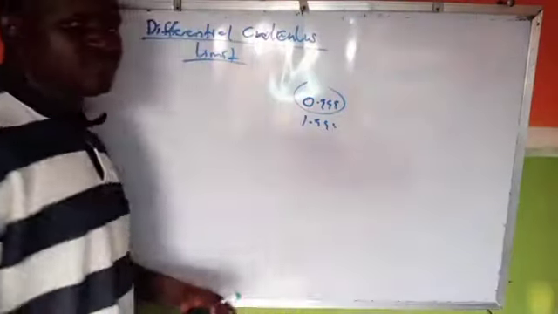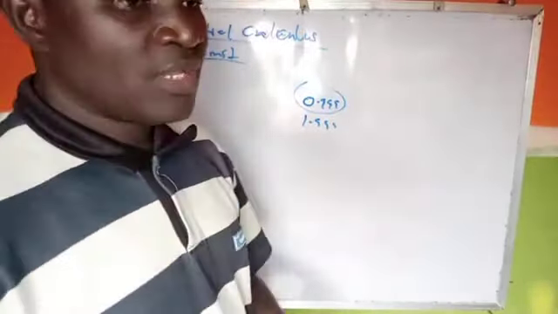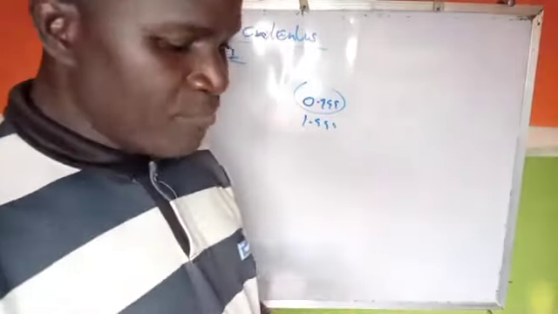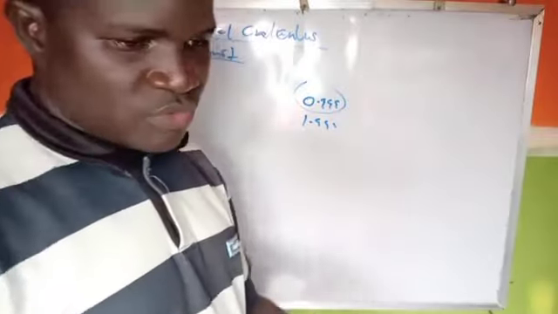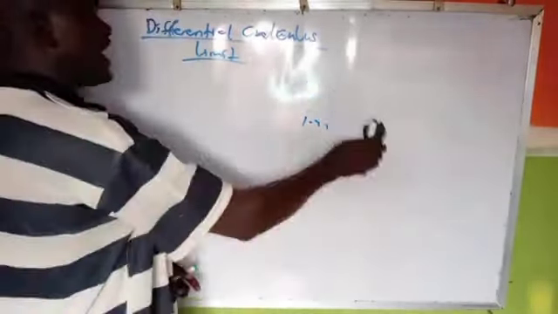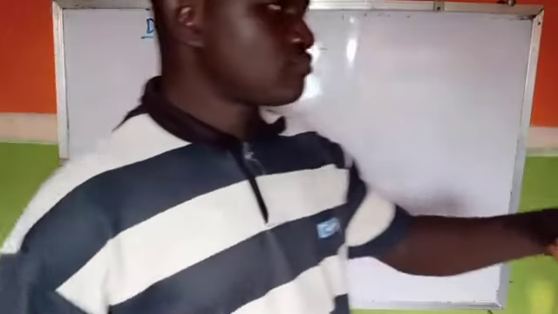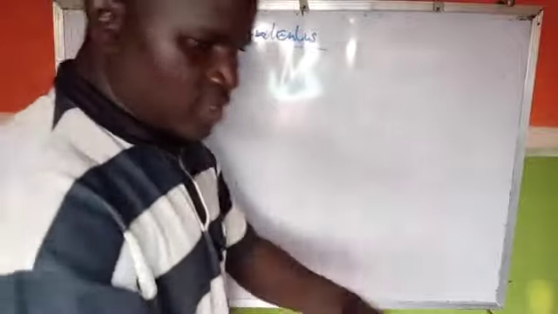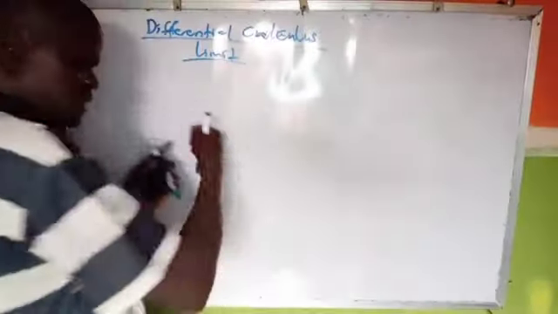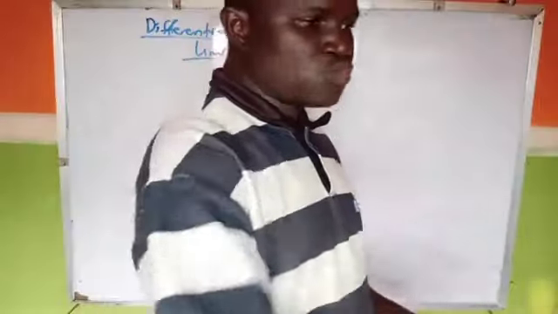Now in limit, there are different questions that demand different methods. You can use different methods or approaches to solve it. So we have the direct method. Direct method has to do with when you are given a limit, where a value is limited to a certain thing, you can substitute it directly.